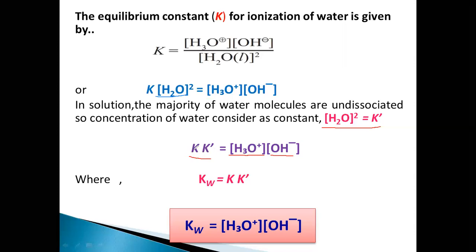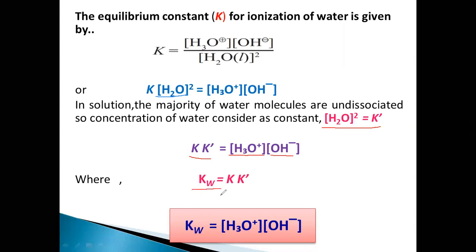Okay, K is the equilibrium constant, K dash is the concentration of water considered as a constant. So these two constants produce one new constant, and this new constant is denoted by Kw.